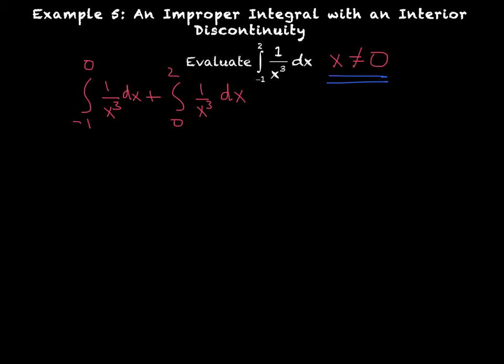So we're going to rewrite this as the limit as b approaches 0 from the left of -1 to b, 1 over x cubed dx, plus, and this one is going to be the limit as c approaches 0 from the positive side, and this is going to go from c to 2 of the same function.